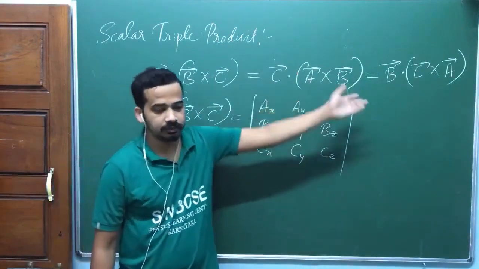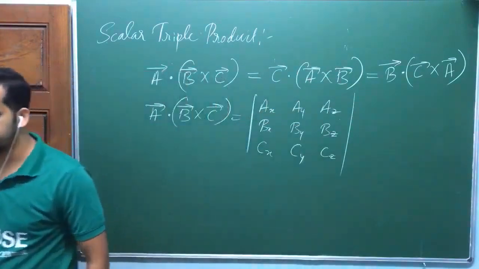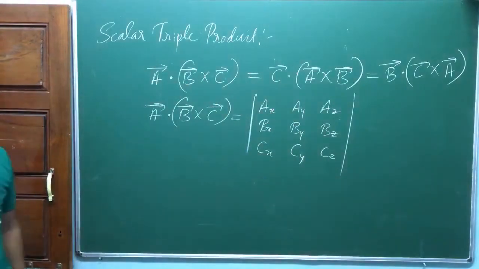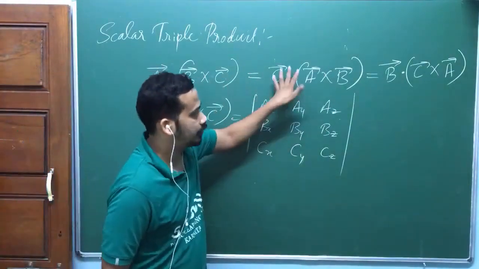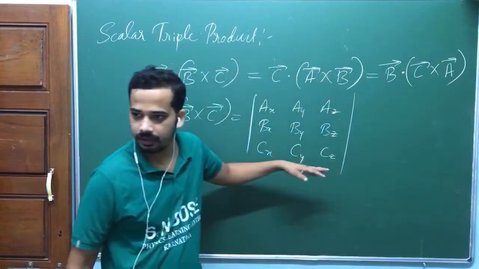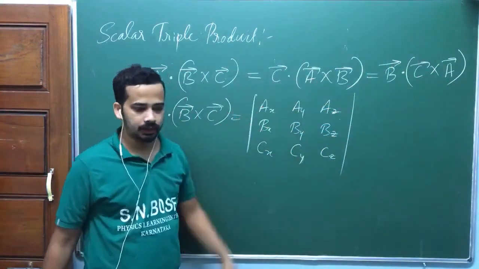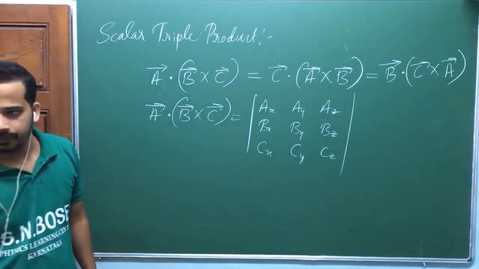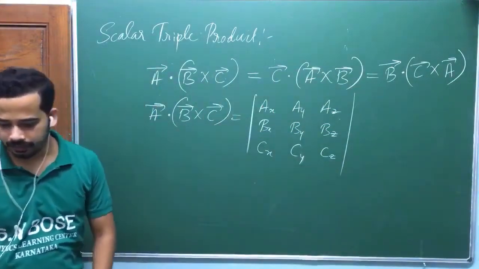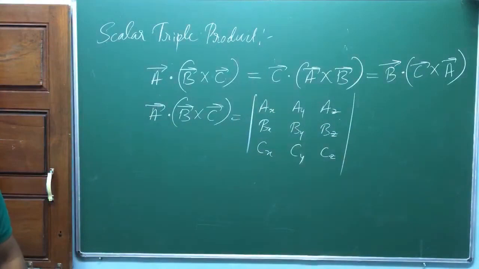That's why the determinant value remains the same, isn't it? You have done two changes here. So again, determinant properties will be followed by the scalar triple product. If you know the vectors in component form, you can write it as a determinant like this.